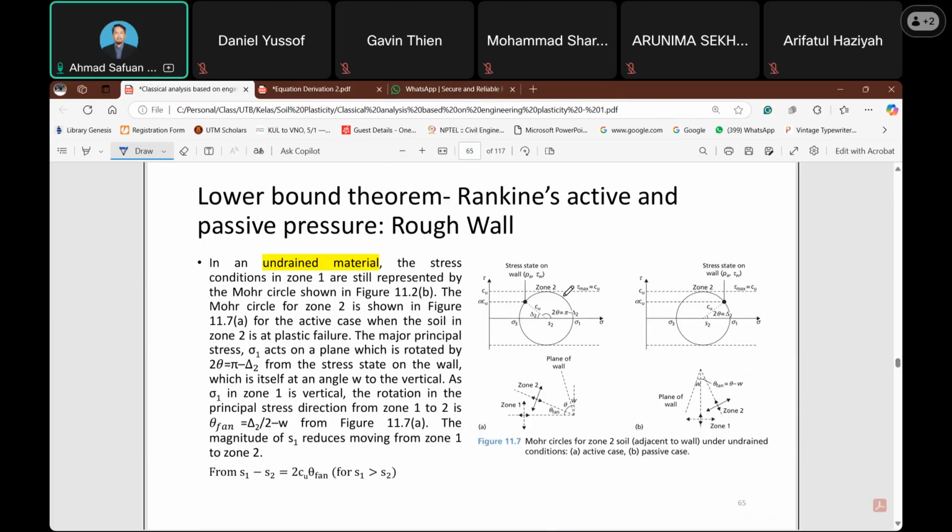For the active case, when the soil in zone 2 is at plastic failure, the major principal stress sigma 1 acts on the plane which is rotated by 2 theta equal to pi minus delta 2 from the stress plate on the wall, which is itself at the angle W to the vertical.